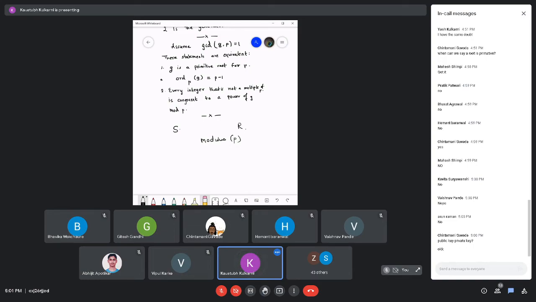That base is selected as G. Then S computes G raised to S mod P and sends it to R. Then R computes G raised to R mod P and sends it to S.